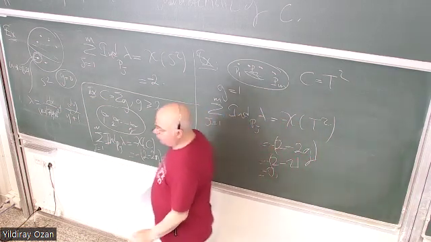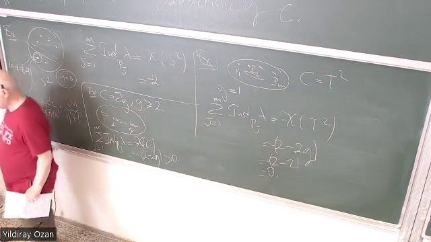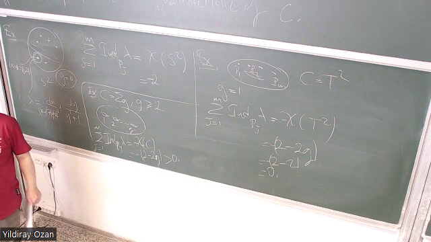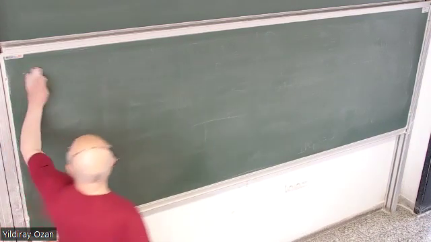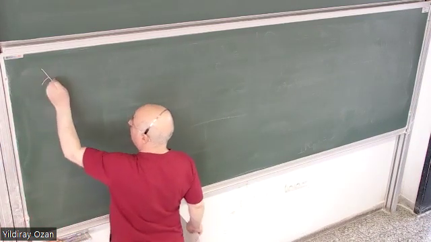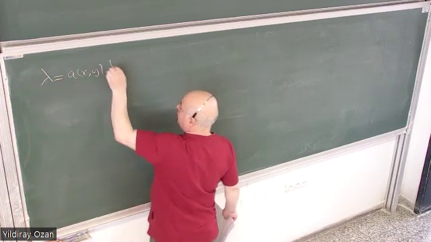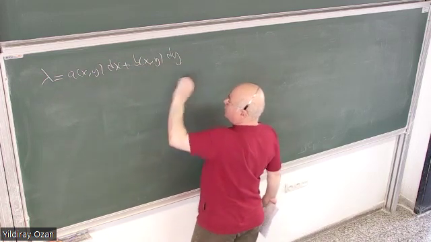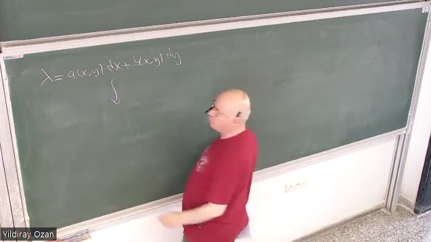We will not prove this theorem. It's a theorem about smooth manifolds, but I can give you some idea why this is true. When you have a differential form, let's say a(x,y) dx plus b(x,y) dy, basically taking its dual, you get a vector field.